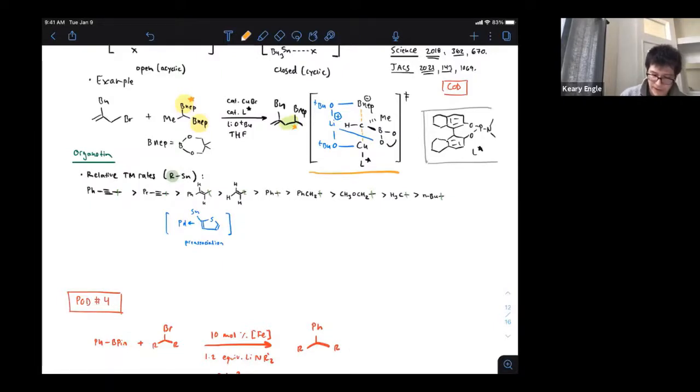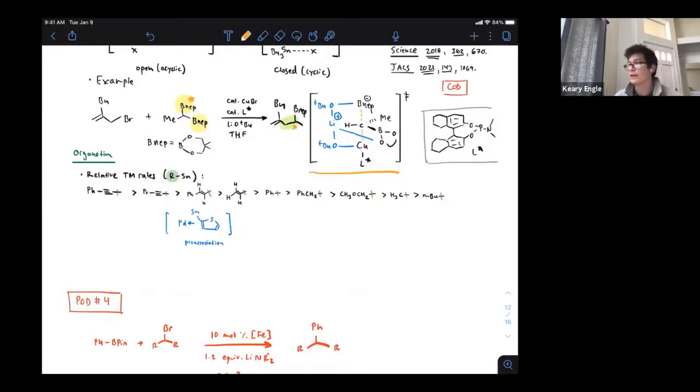And there is an effect with these sp and sp2 hybridized coupling partners that they can benefit from pre-association between the filled pi bonding orbital and the metal that is being transferred to.